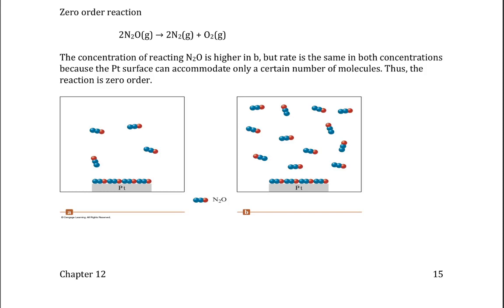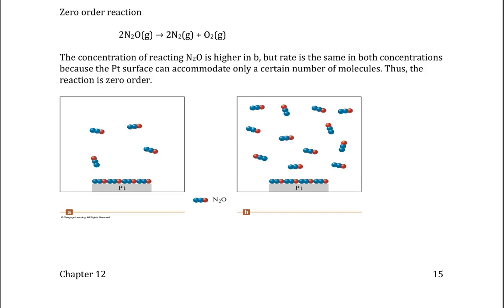The N2O is represented in the diagram by the molecule that has the two blue N atoms and the one red O atom. If we put just a little bit of the N2O into the reaction chamber with the platinum surface, then it adheres to it, that weakens bonds, and that allows it then to react.